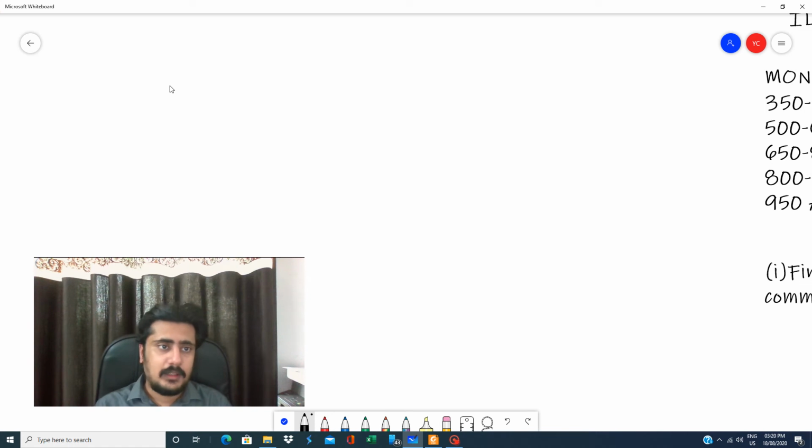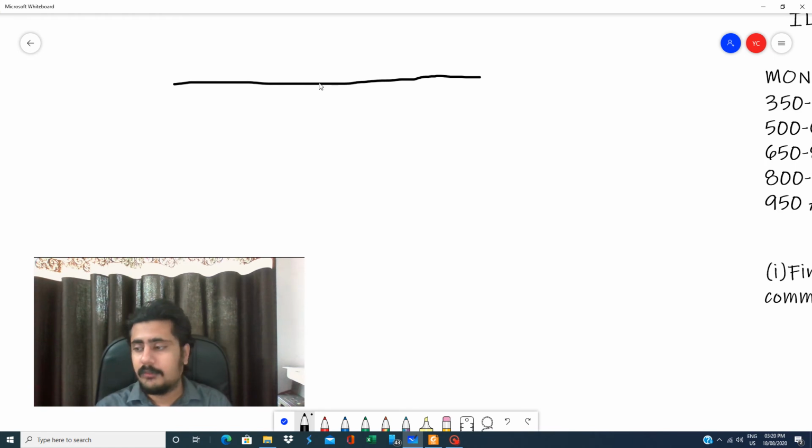Now, what is this logic? I told you that if there is a line of 100%, quartile means we are doing four parts. That means you will be finding three quartiles: Q1, Q2, and Q3.